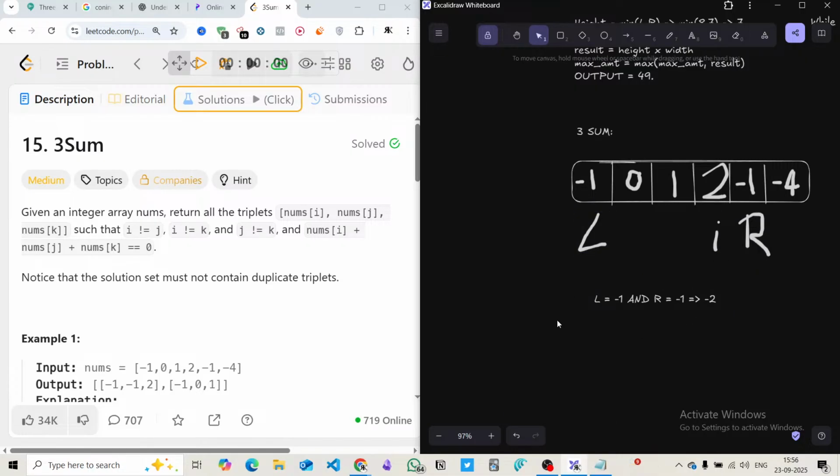So this is one of the solutions, but how can we identify which pointer we need to move? That's the only question we have.